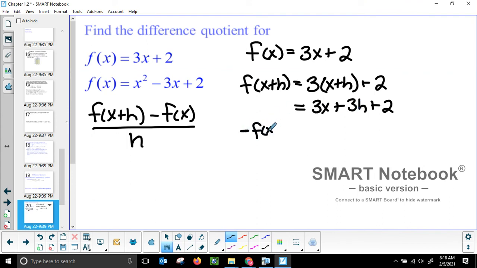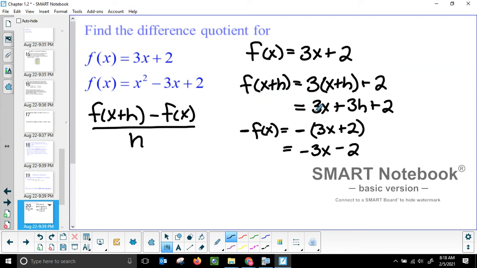To find minus f of x, all I do is take my entire f of x and distribute a negative to it. So when I distribute that negative, I get minus 3x minus 2. Remember, I said earlier that whenever two things are equal to each other, they are completely interchangeable.